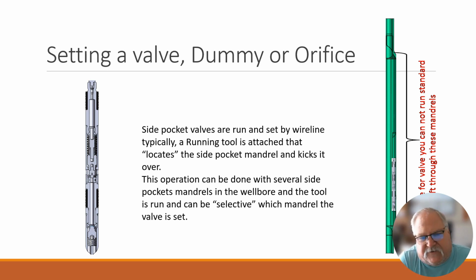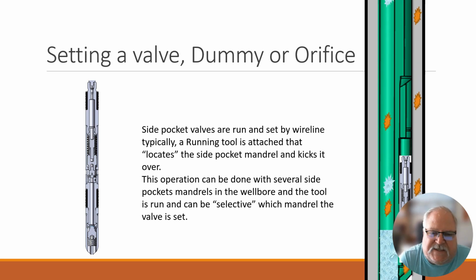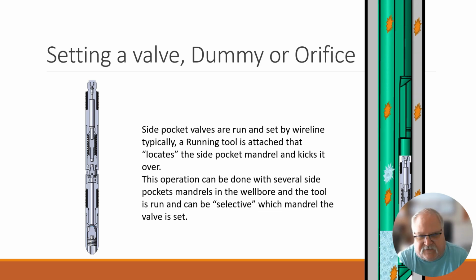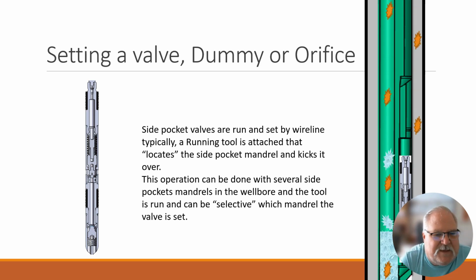If you want to recover it, it basically runs in, latches onto the latch with the same type of tool, kicks over, goes into the side pocket, latches the top of the valve, you jar it out, release it, and you can replace it. Hopefully, that's the theory. It doesn't always work that way.